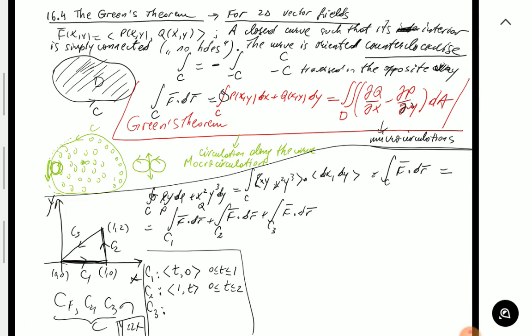So I can choose, again, x to be the parameter. So let's say x is t, and therefore y is 2t, and the parameter domain in this case is again 0 to 1.